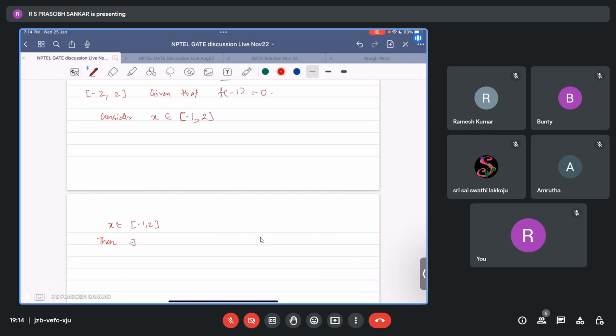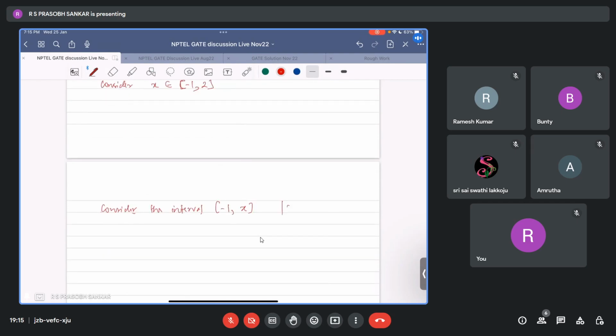Sorry. Let us consider the interval minus 1 to x, where x is between minus 1 and 2. Now what does it mean?